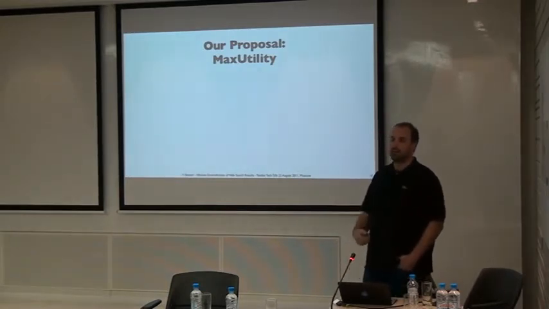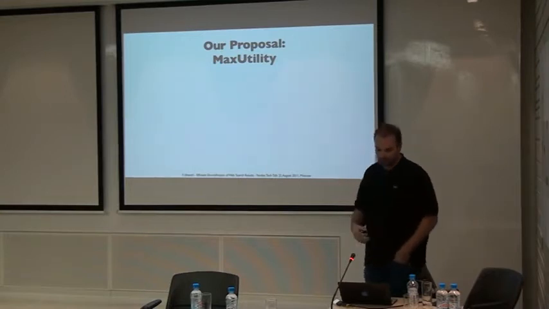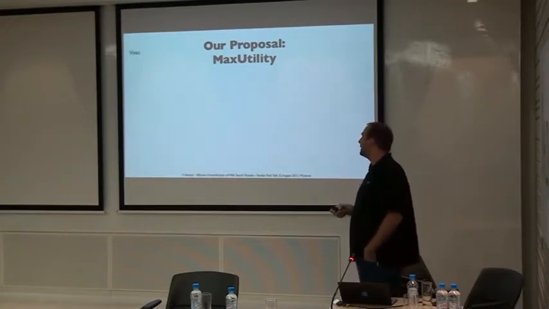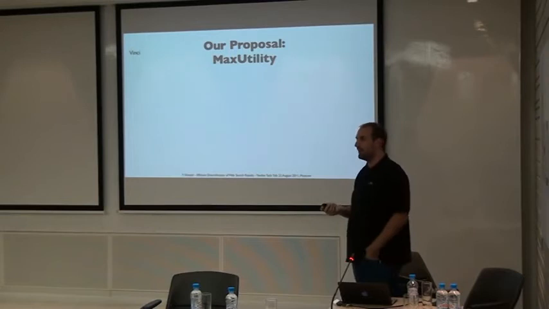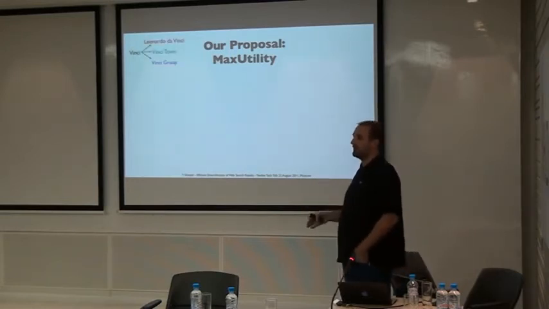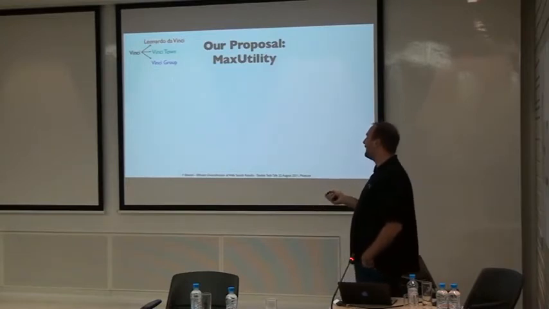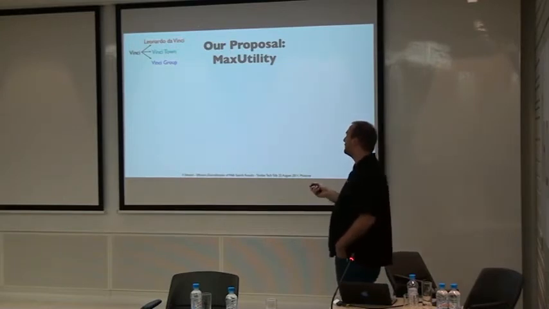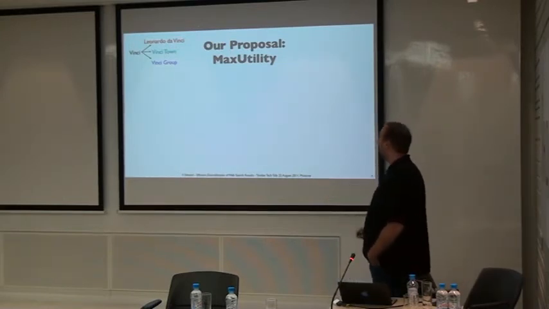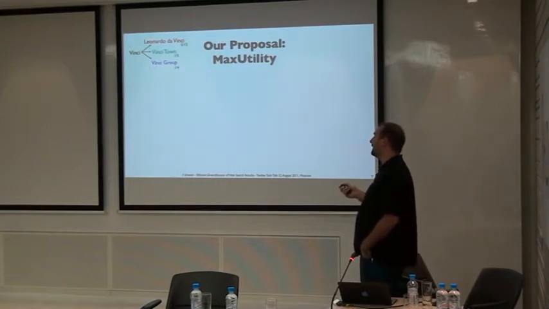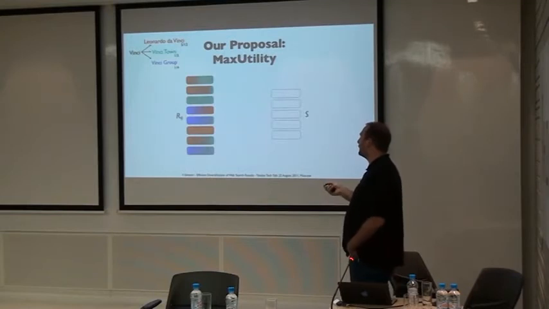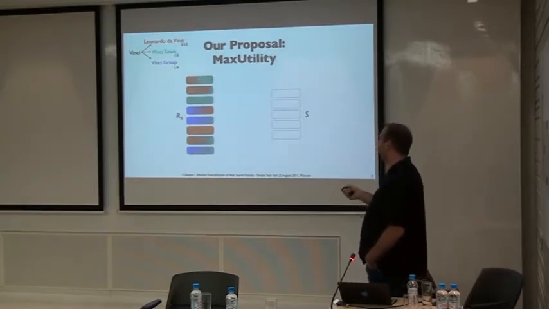Unfortunately, you can think of examples where optimizing the function that I've just shown you doesn't diversify your result set. Just take this toy example for instance. You have a query returning a result set made up of 3 documents, A, B, C, and each document can pertain to only 2 categories, G and H. So basically here you have a table saying how much a document pertains to a given category.